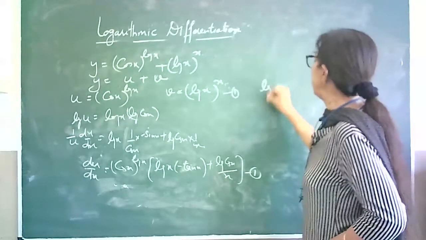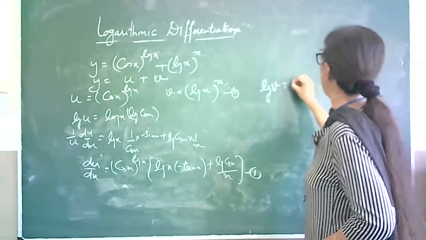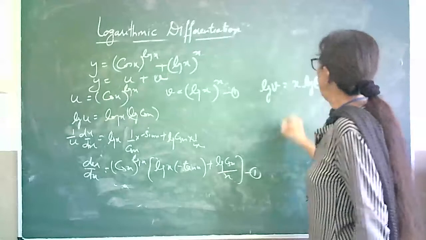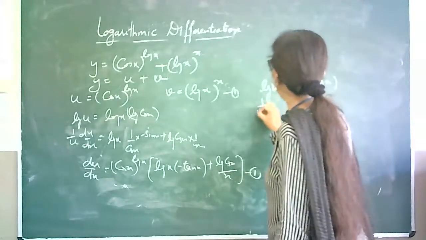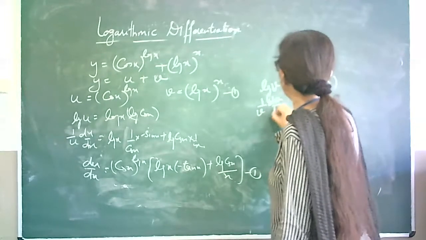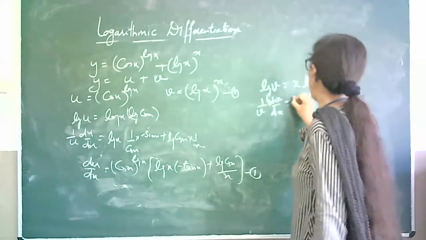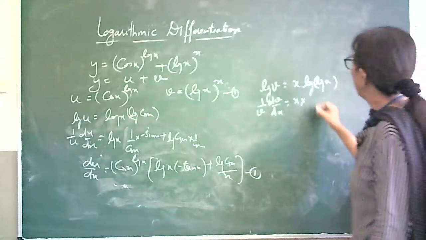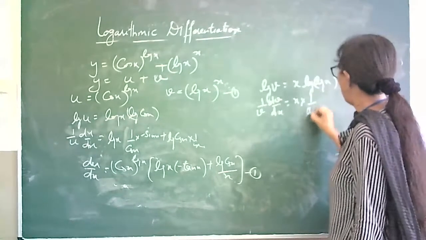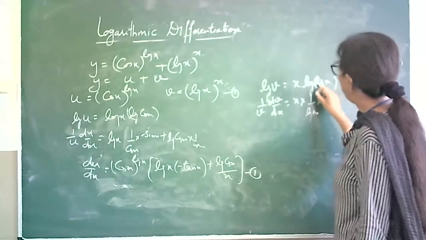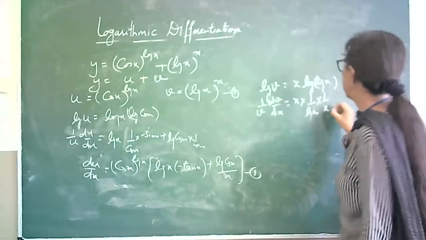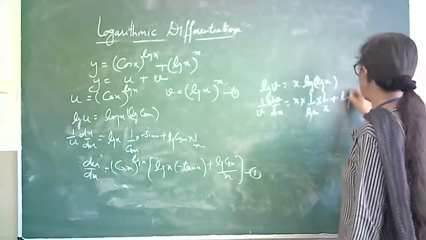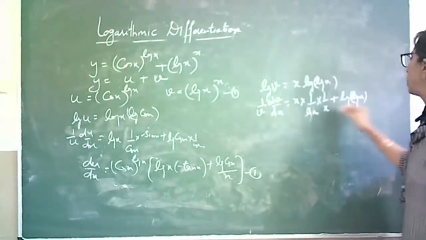Firstly we'll take log. Log v is equal to x log of log x. Now differentiate: 1 by v dv by dx is equal to x as it is, derivative of log x will be 1 upon log x, again derivative of log x is 1 by x, plus log of log x as it is, and the derivative of x will be 1.